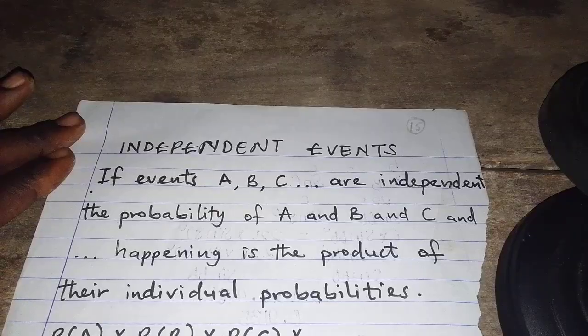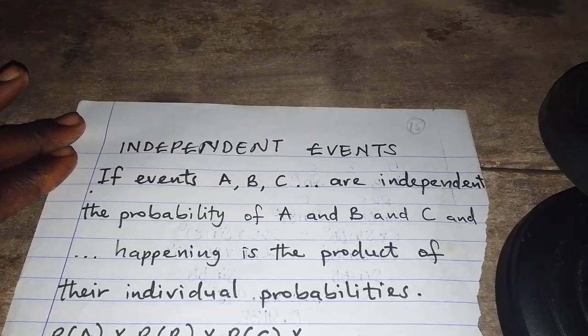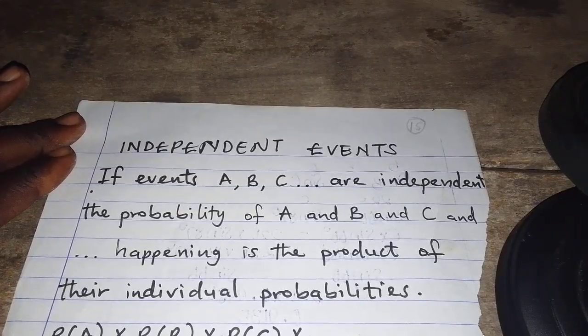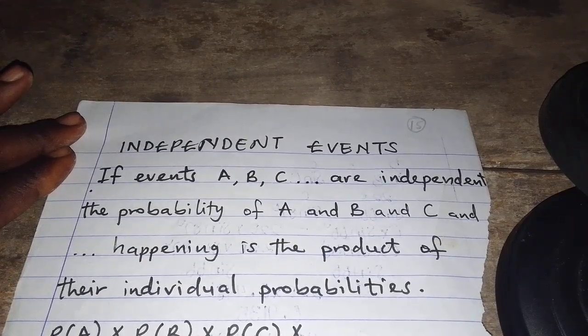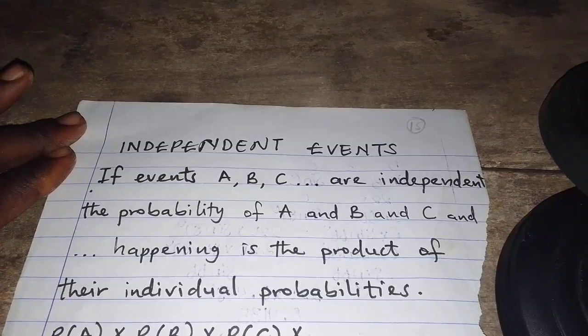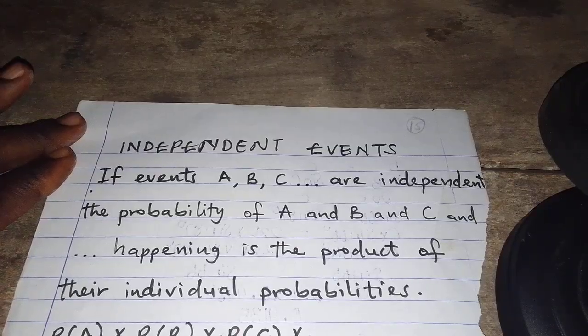Now, look at this. When we talk of independent events that will happen simultaneously, let's say myself and two other people are meant to go to a place. I have my own probability of going, and each of the other two has their own probabilities.